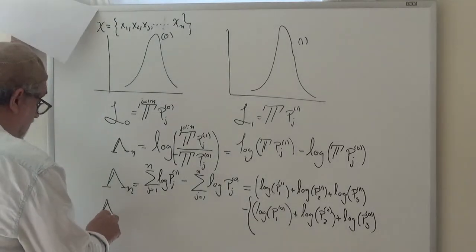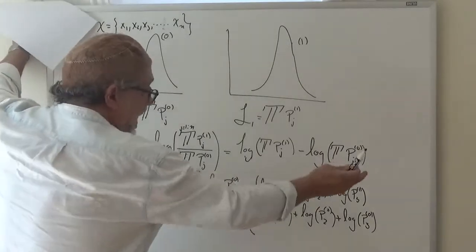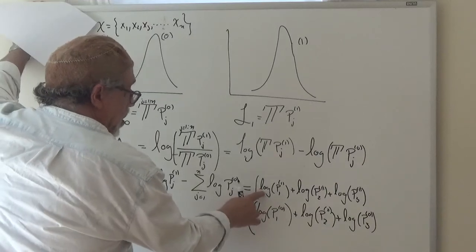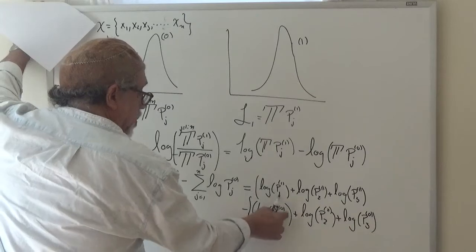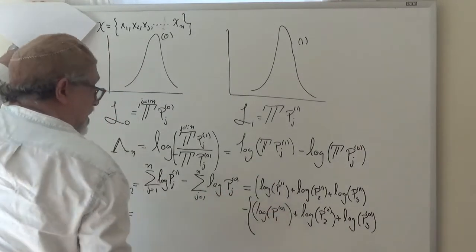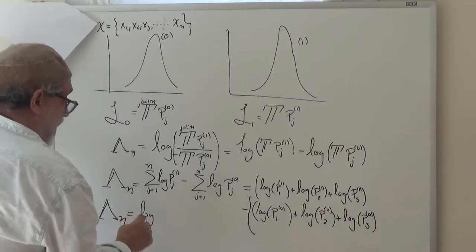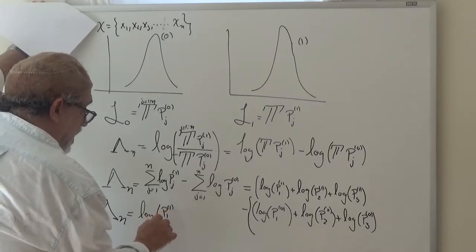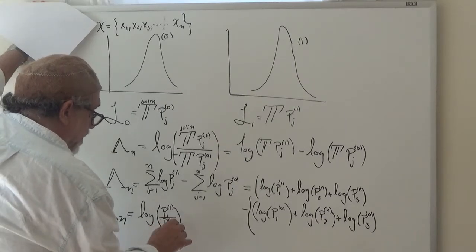Therefore, we can see that lambda n, I used 3, but of course it's n, right? So you can see that I can pair them like this. This is log of the probability 1 in the 1 minus log of the probability 1 in the 0. So this is the subtraction of 2 probabilities, so this is the log of the probability 1 in the 1 divided by the probability 1 in the 0, right?